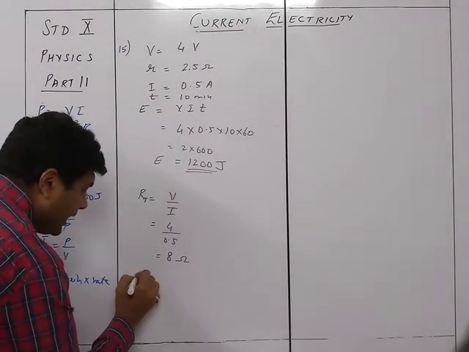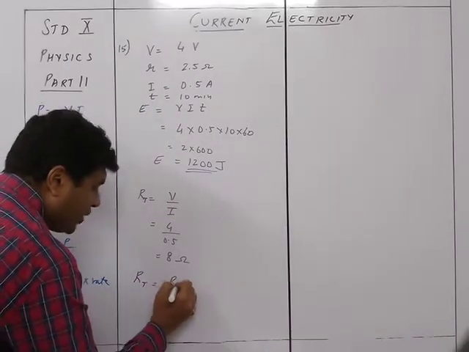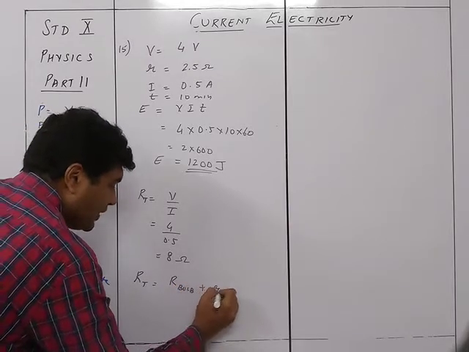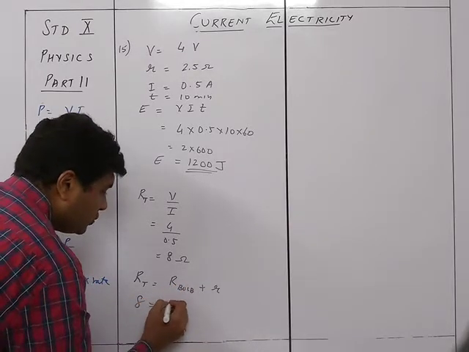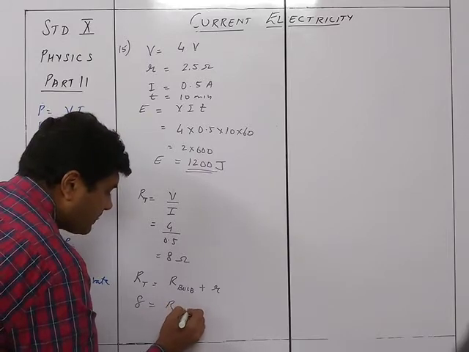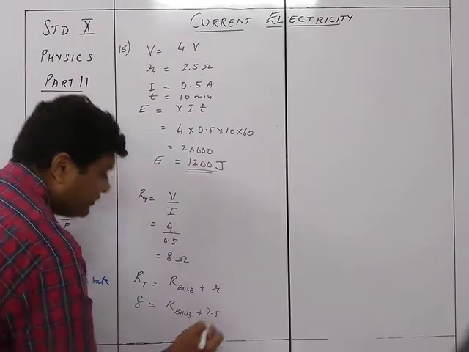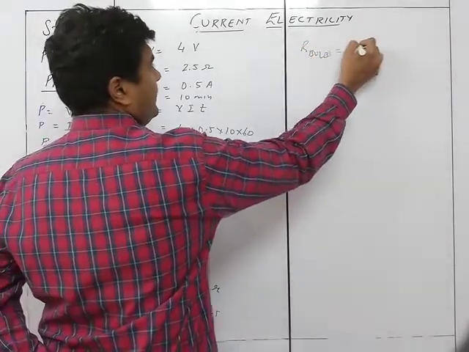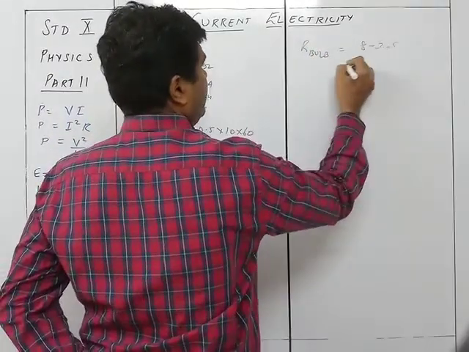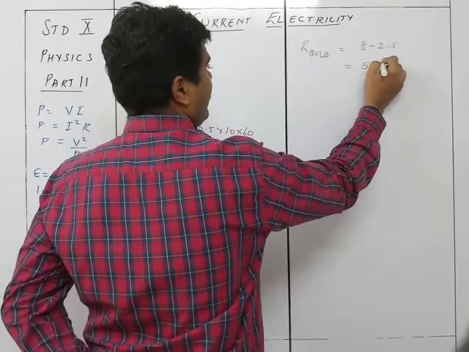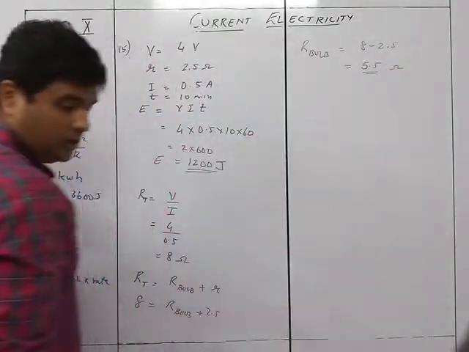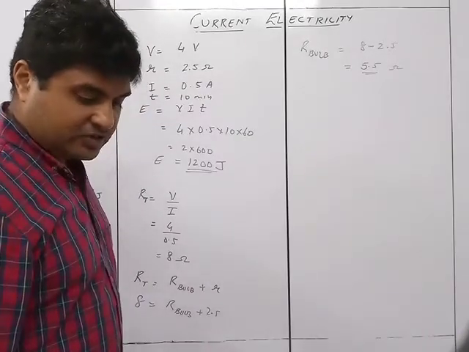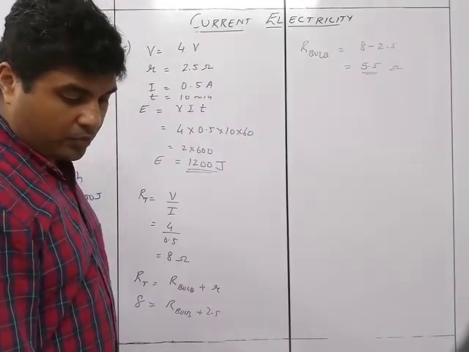So RT is equal to R of bulb plus small r. So 8 is equal to R of bulb plus 2.5. Accordingly, R of the bulb is 8 minus 2.5, which is 5.5 ohms. So the resistance of the bulb will be 5.5 ohms.